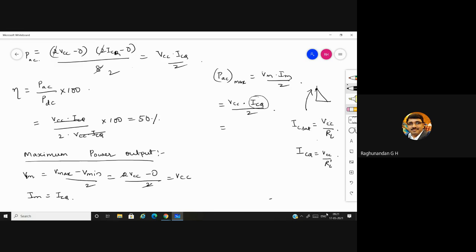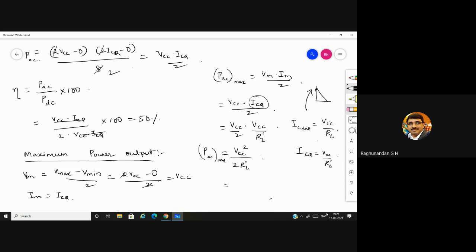Now substitute this VCC by RL dash into VCC divided by 2. So this becomes VCC square by 2 RL dash. This is our PAC max. Suppose you want to write this equation in terms of current.